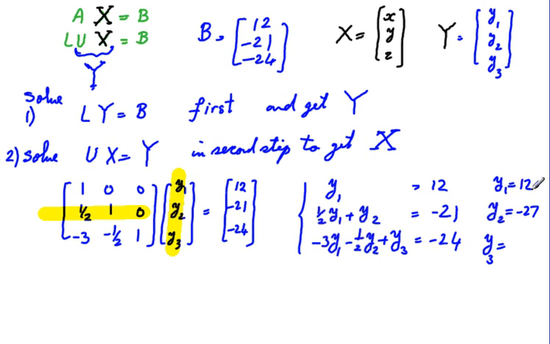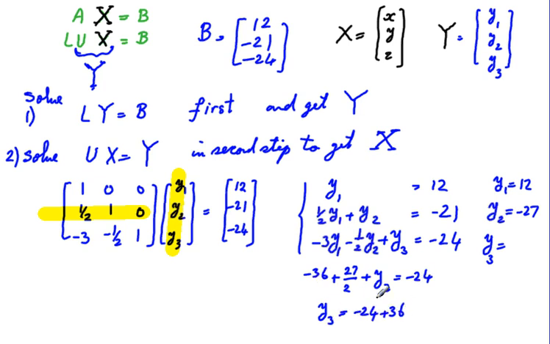substitution here. Your y1 is 12, so this is minus 36, minus 1/2 of y2, so that is going to be plus 27 halves, and plus y3. That is supposed to be minus 24. So you go ahead and find your y3 from here. This is minus 24.